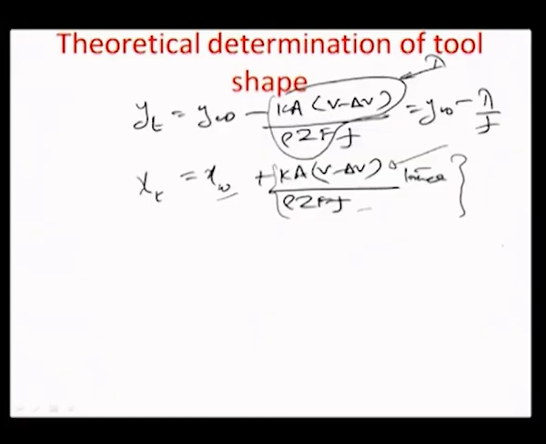So, therefore, if you convert everything in terms of lambda, you get xw plus lambda by f tan theta. Okay. So, we make this equation 3 and this equation 4.